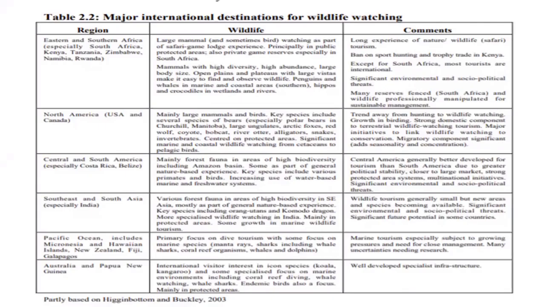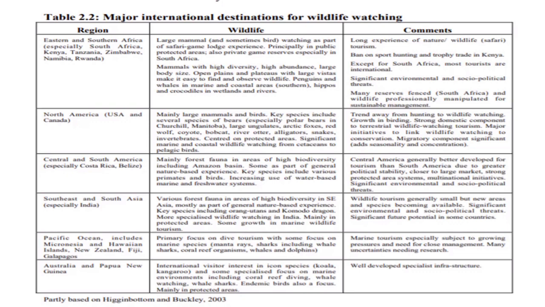Next. This table indicates the major international destinations for wildlife watching. For example, the region of Eastern and Southern Africa, especially South Africa, Kenya, Tanzania, Zimbabwe, Namibia, and Rwanda. As I mentioned earlier, in Africa we can see large mammals like the giraffe, or sometimes bird watching as part of the safari game lodge experience, principally in public protected areas, also private game reserves, especially in South Africa.